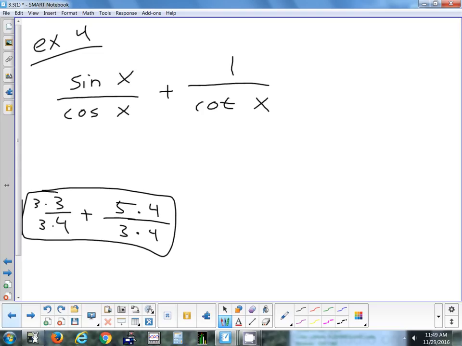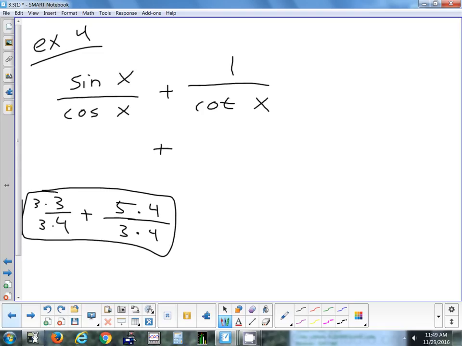Okay, let's try the same thing right here. What would my common denominator be? It's not a number. What is it? Cosine times cotangent. The common denominator is the product of the two that you have.